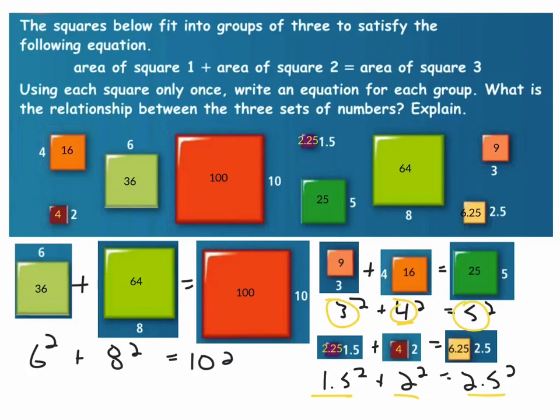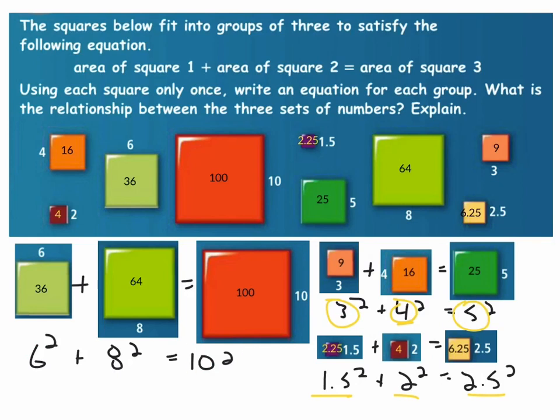By scaling the 3, the 4, and the 5 down by a factor of 2, dividing all three of them by 2, you get 1.5, 2, and 2.5, and these two smaller ones squared and added together equal the square of the larger one. You could also scale it up by a factor of 2. 3 times 2 is 6, 4 times 2 is 8, 5 times 2 is 10, and when you square them, these smaller ones squared and added together also equal the larger.